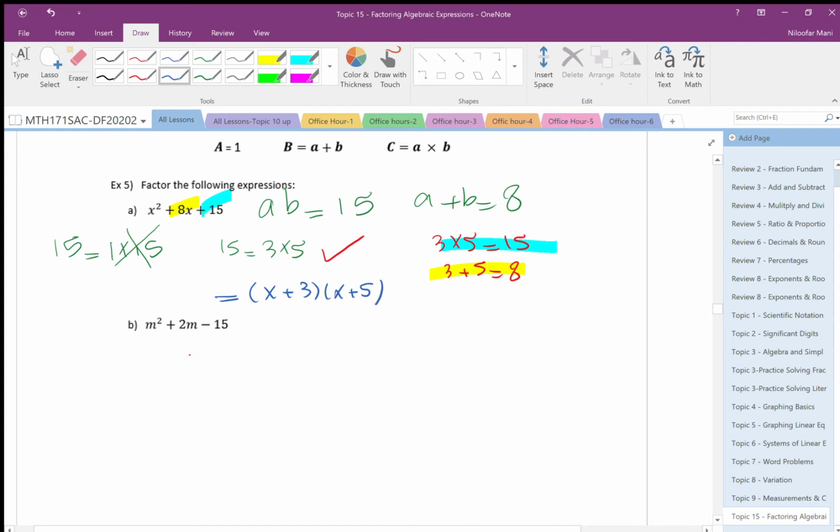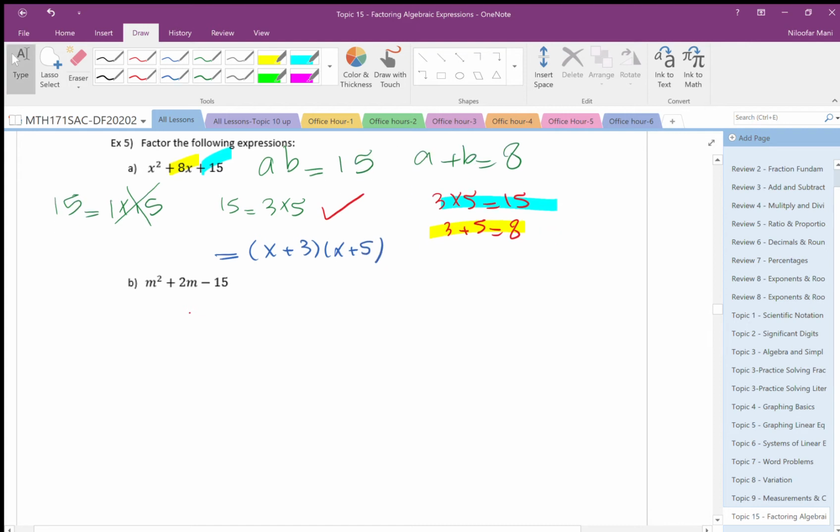Done. So the next one, I am looking for two numbers. If I multiply them, it's minus 15. If I add them, it's 2. So minus 15 equals minus 1 multiplied by 15. If I add minus 1 and 15, what is the answer? 14.